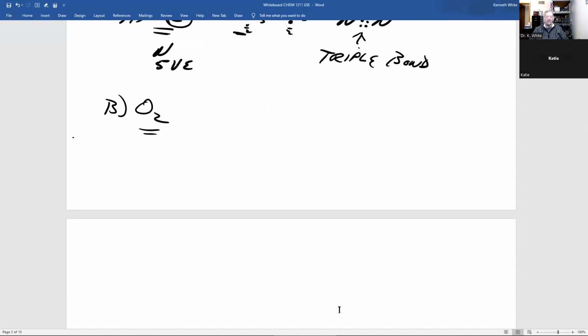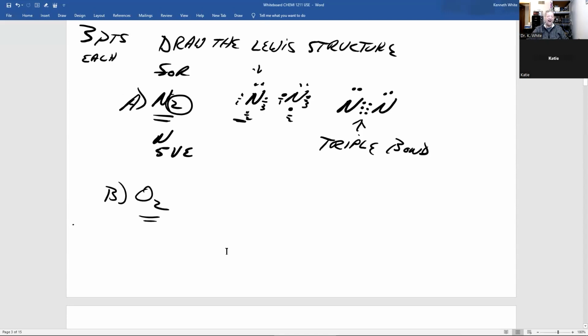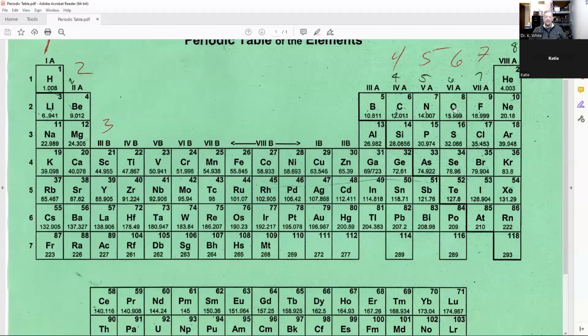All right, so if the question is draw the Lewis structure for oxygen gas, O2, how do you do that? Well, you have to first of all find out how many valence electrons oxygen has. And the answer is not the atomic number.